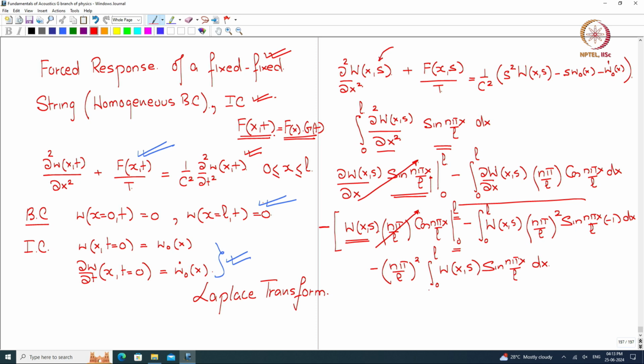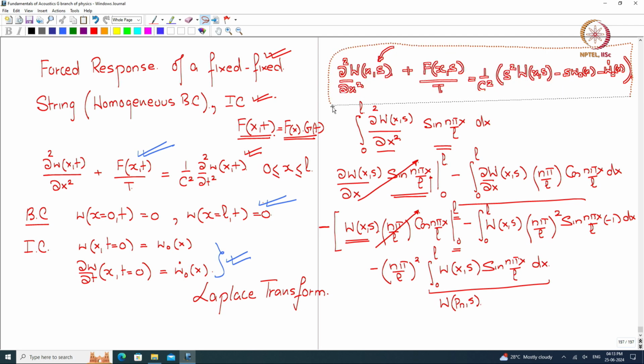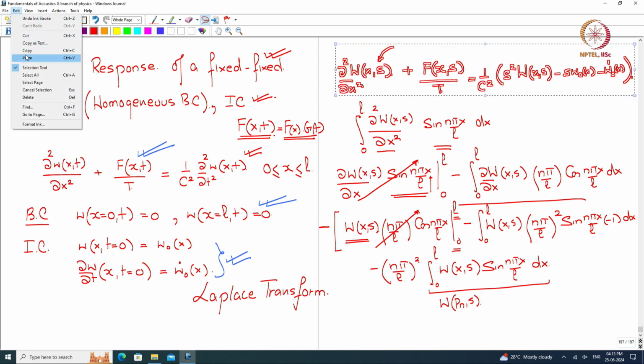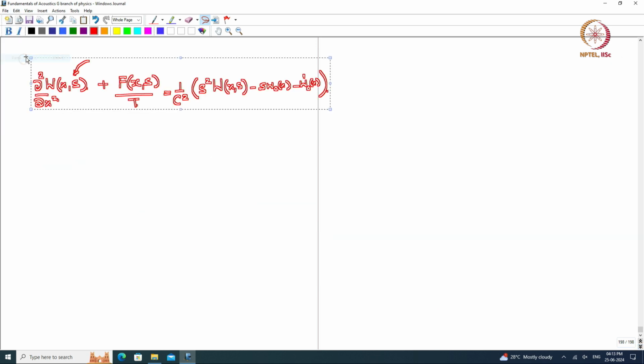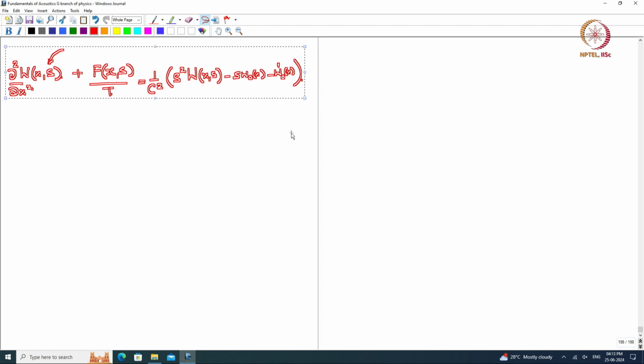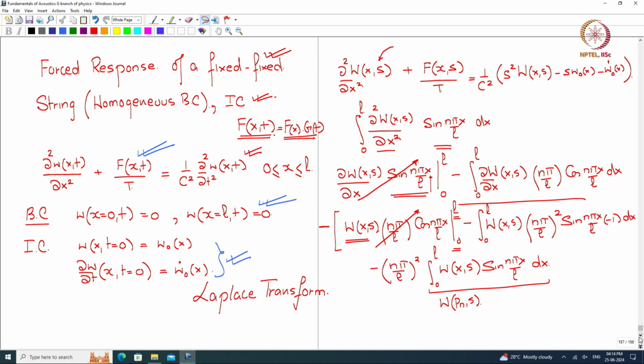Now this term we will call it w p n comma s. Let me take this to the next page. Copy, paste. So what has happened, let me recall, is that this is minus (n pi by L) whole square w p n s.